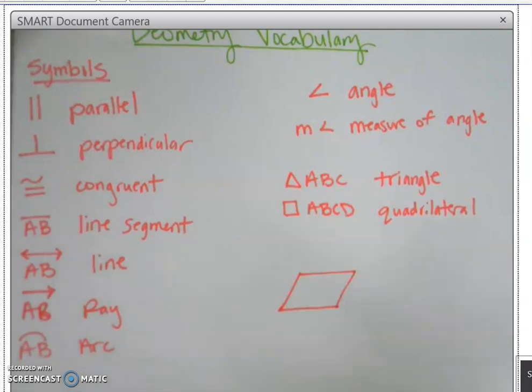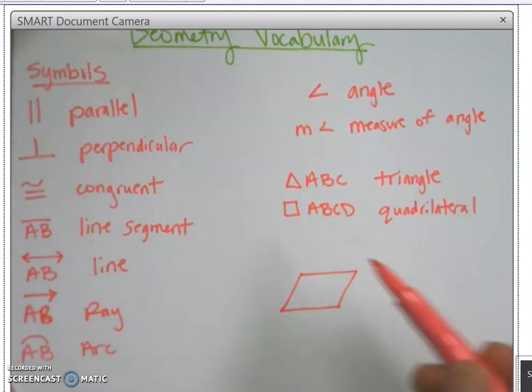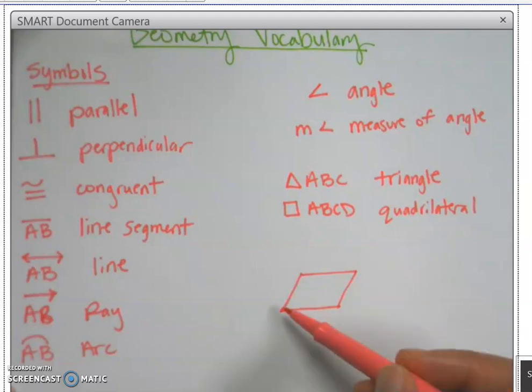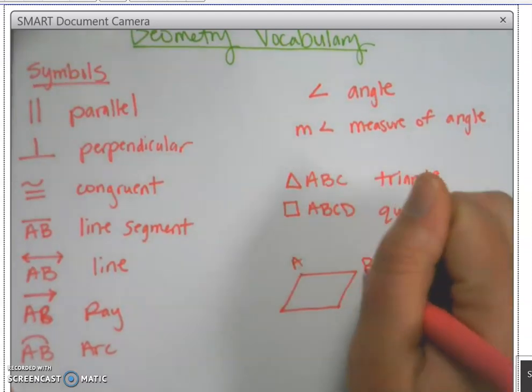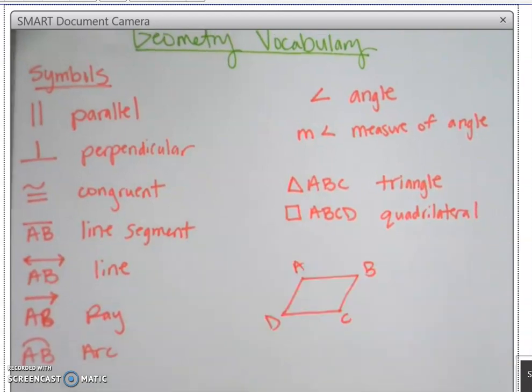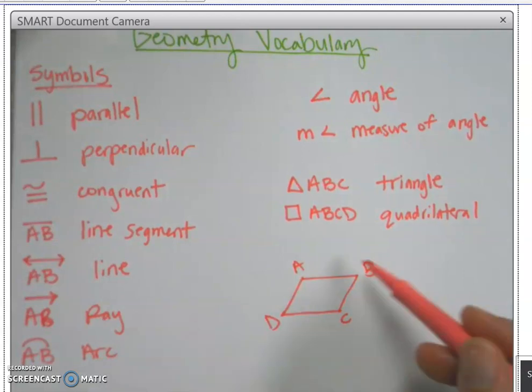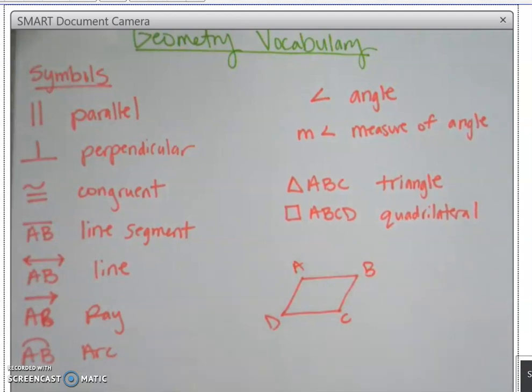All of that does not matter as long as you do not cut across. Do not go A, B, C, D. You have to go around. So I might name this one A, B, C, D. And that's with all shapes. A triangle, it's impossible to cut across it. But anything 4 sides or bigger, always go around. All right, so these are our symbols.